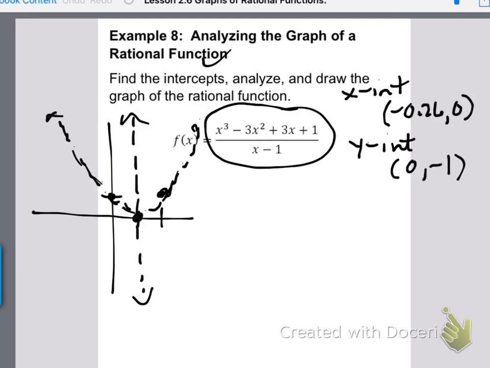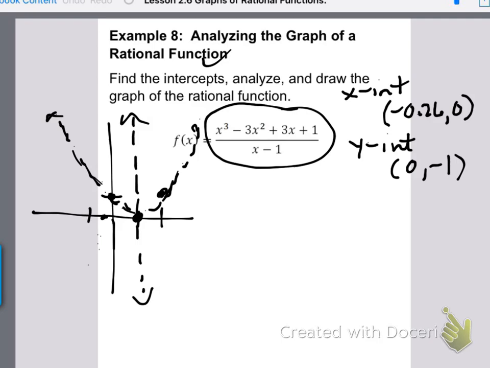Now, we found our x-intercept was at negative 0.26, so it's right about there.